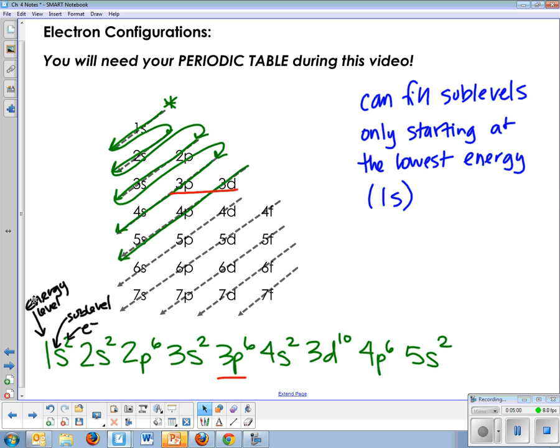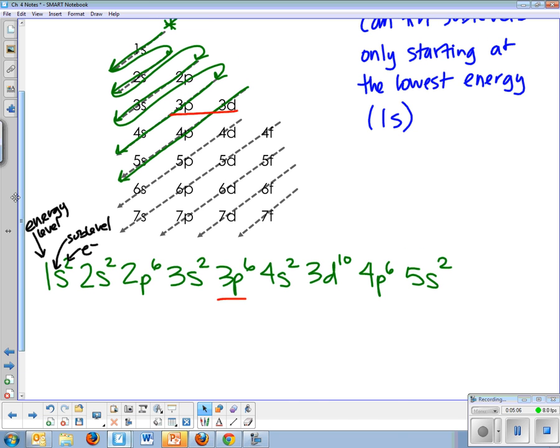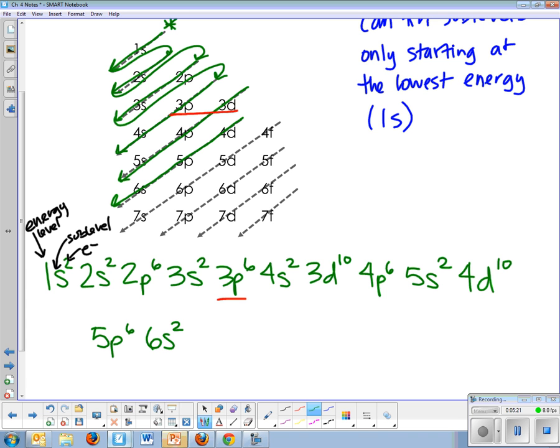After 5s comes 4d. D's have 10. I'm going to have to go down to my next line, and then we get to 5p and 6s. So 5p6, and then 6s2. Then we go to our next line, and we've got 4f.